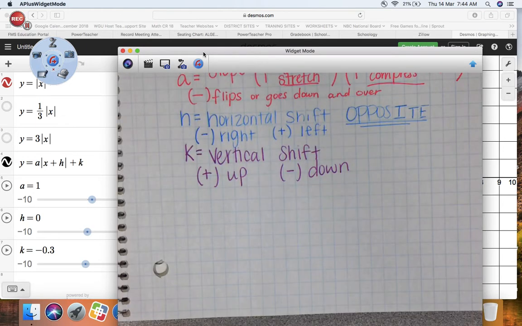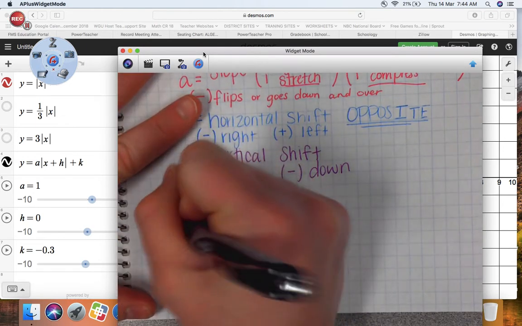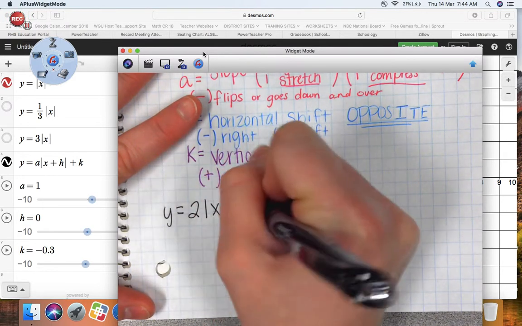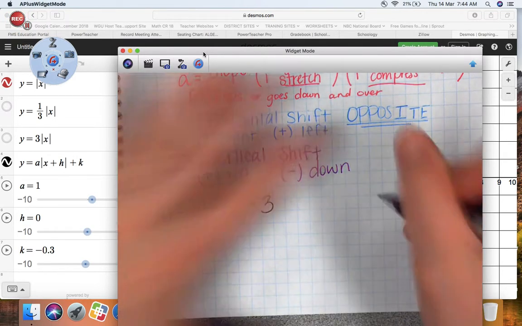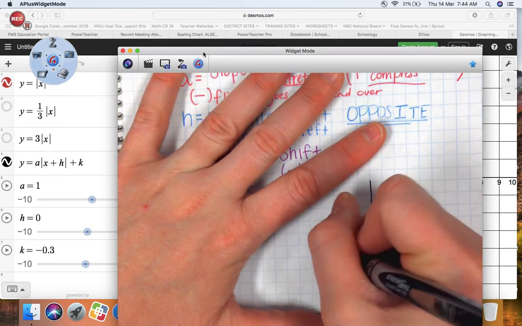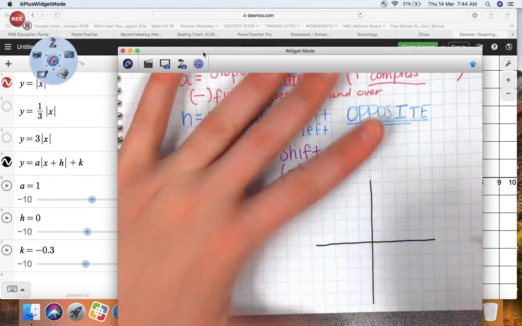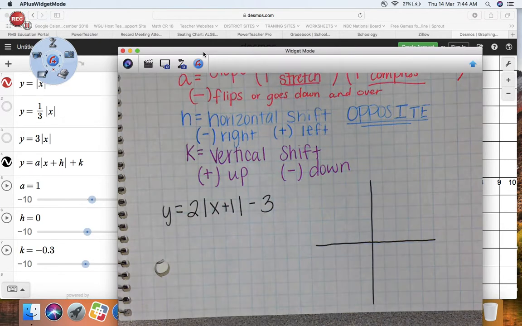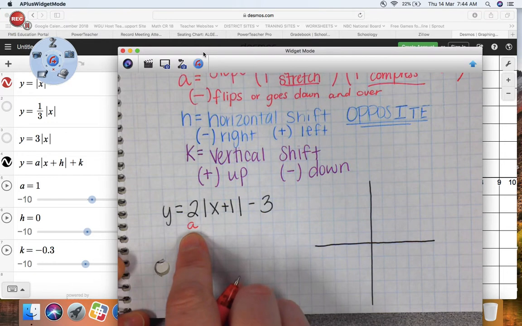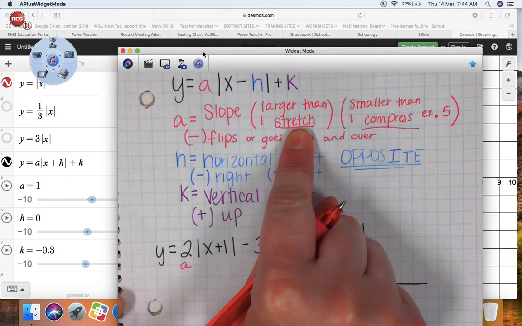So if we do this example, y equals 2 absolute value of x plus 1, minus 3, and I wanted to graph it. This 2 is the a value. It's larger than 1, so it would stretch.